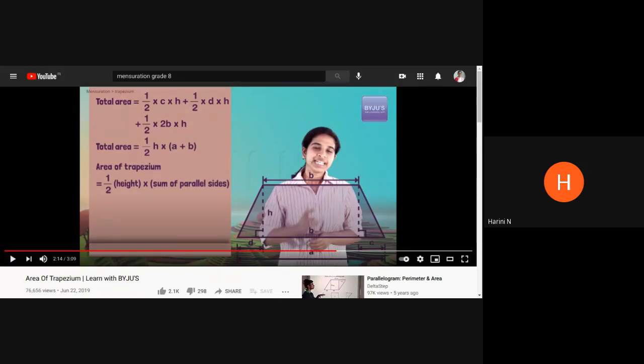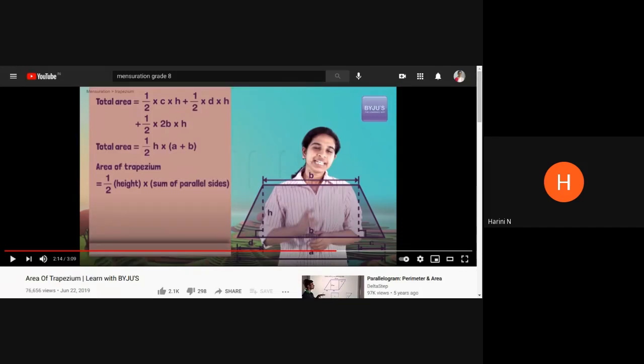The top of the trapezium, I am labeling it as B. And the bottom of the trapezium, I am labeling it as A. All right. And then when you draw these dotted lines, there is a rectangle which is formed, whose base will be B itself and whose height will be H. So this you will mark it. If this is H, this will also become H.